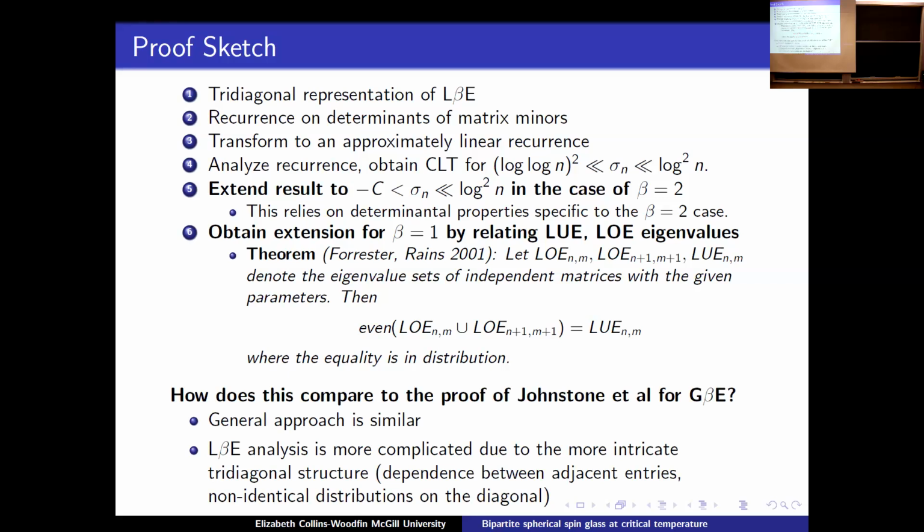With the Gaussian beta ensemble, you don't need to do this thing where you have the bidiagonal and you multiply it times its transpose. It's just tridiagonal, and all the entries are independent, whereas when you do this bidiagonal times bidiagonal, you wind up with something that has dependency between the adjacent entries and other things that make it a bit annoying. So it's a bit more complicated to analyze, but the same basic steps apply.